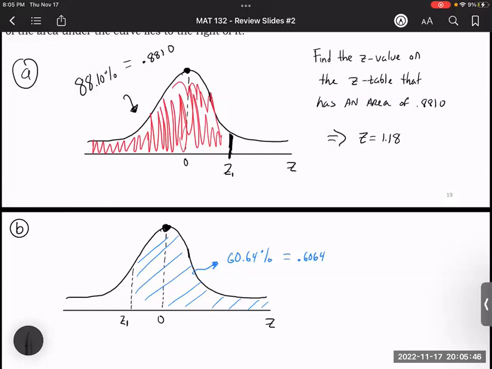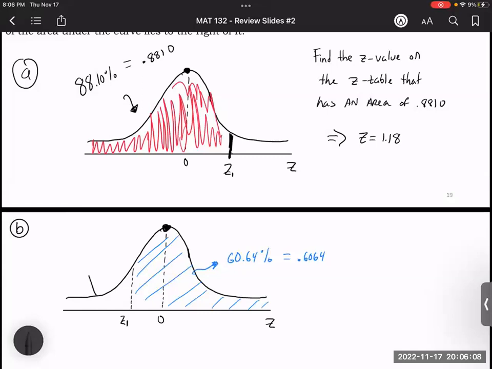Here's the issue. Can I just use the Z table right away? No, why can I not use the Z table right away? Because it's to the right and then the Z table is over to the left. There you go. The Z table only gives you the area to the left. So what I need to do is just figure out the unshaded region and use that area.